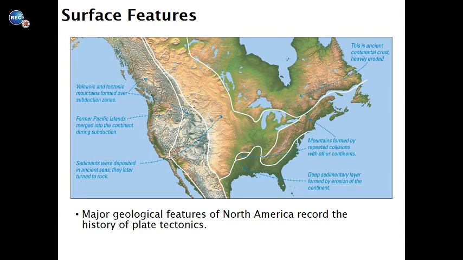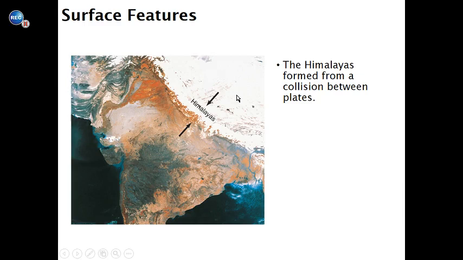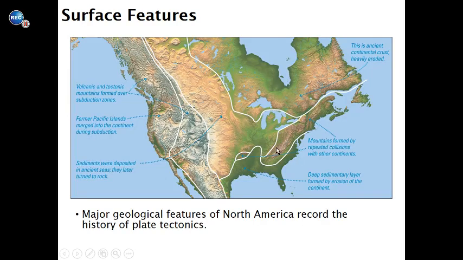You can see the sort of the original ancient land up here in northern Canada, and then go back here where there's mountains. It's going to be lots of collisions with other continents, places where sediment has formed and laid rocks in, and then on the west coast where you have subductions forming new mountains and volcanoes.